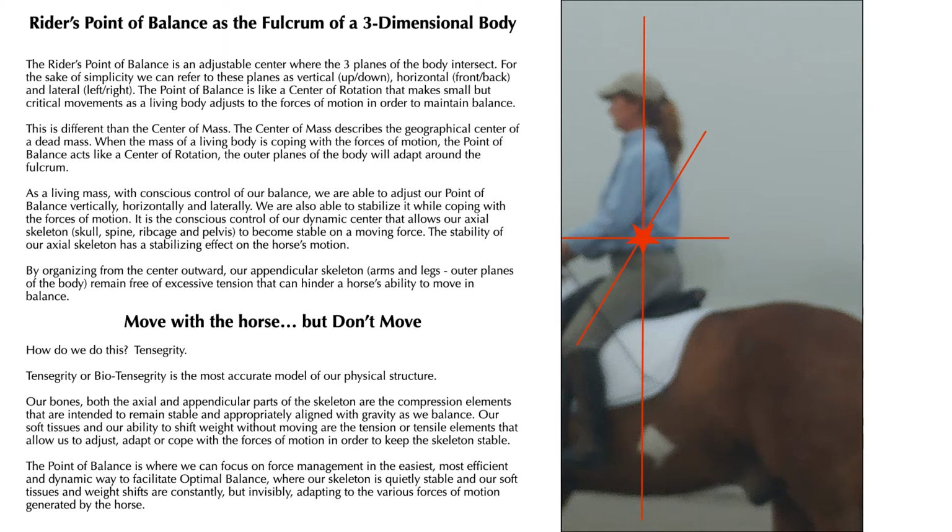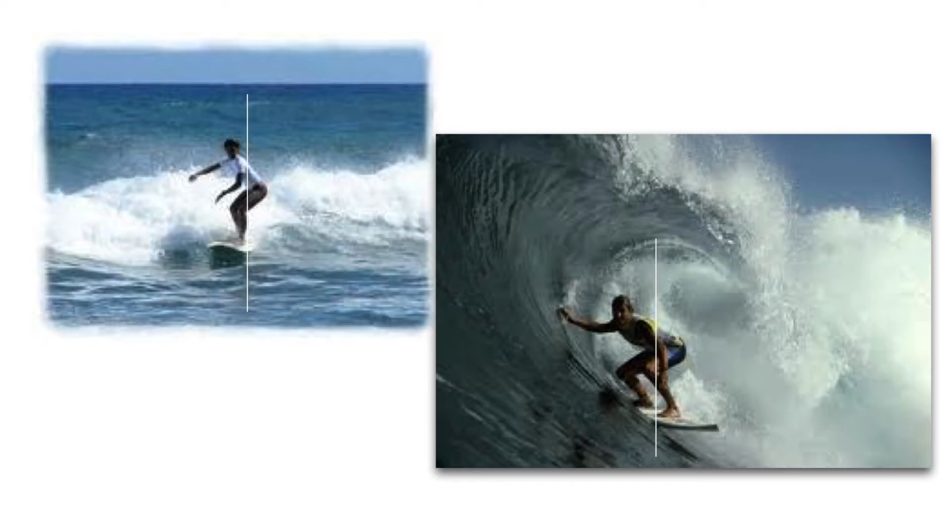I put this picture in because I use a lot of getting your sea legs or surfing kind of analogies, because what we cope with if we're on a boat or in these surfing photos is the ocean especially, but any body of water generates a lot of force.